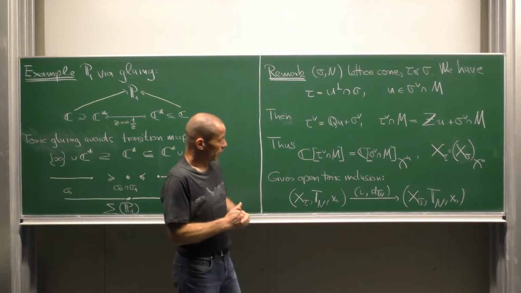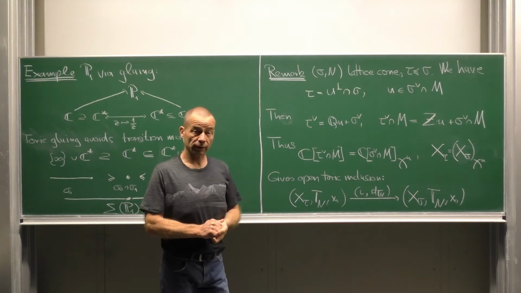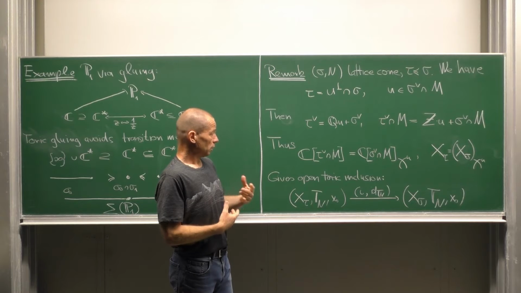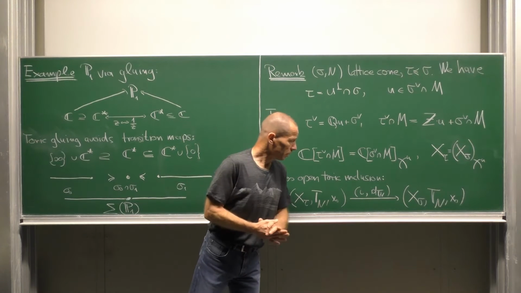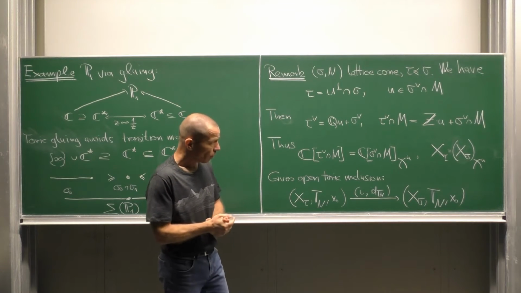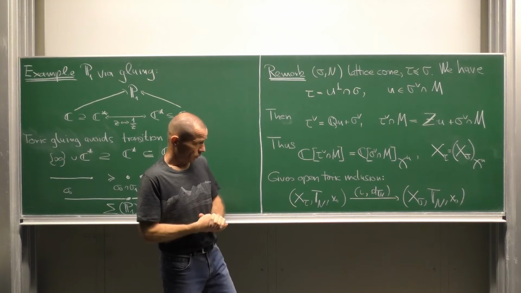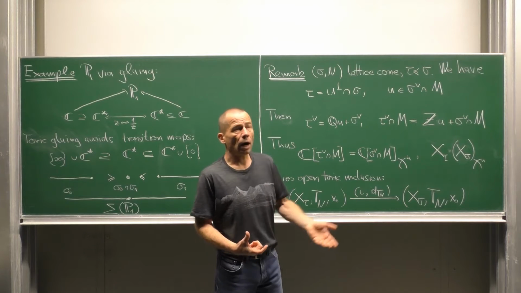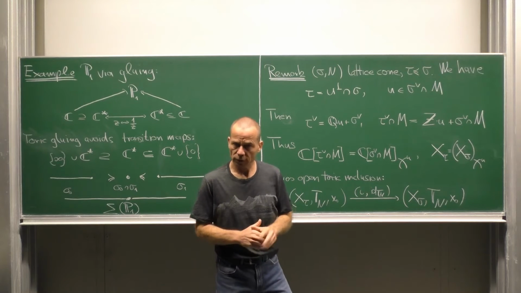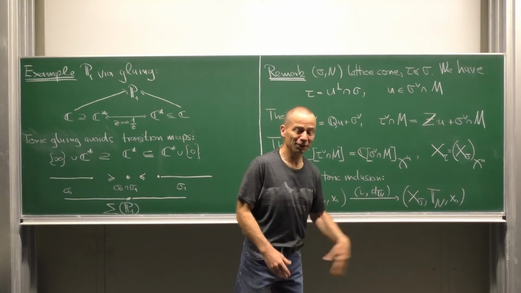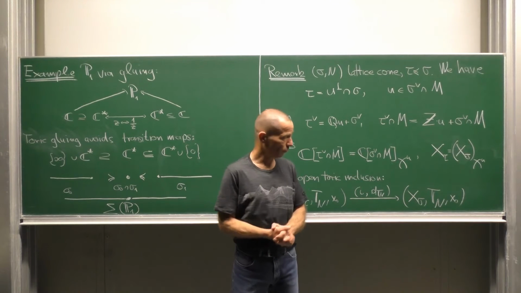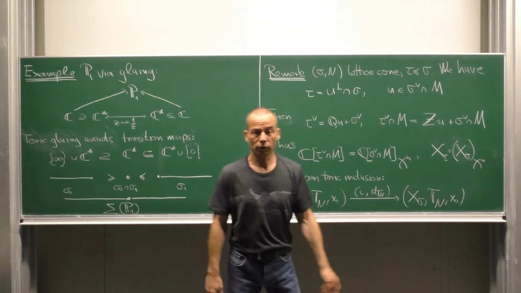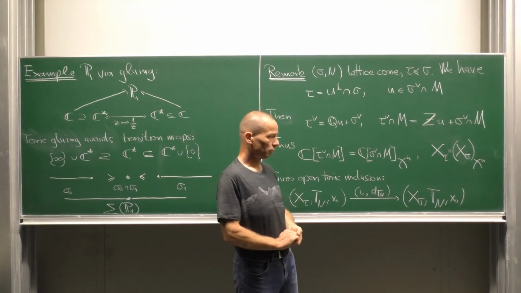What does this mean for the associated monoid algebras? The monoid algebra of tau dual intersected M is the monoid algebra of sigma dual intersected M, and what is new are negative powers of chi u. So what we obtain here is the localization by chi u. Geometrically this means that x tau is a localization of x sigma by chi u.